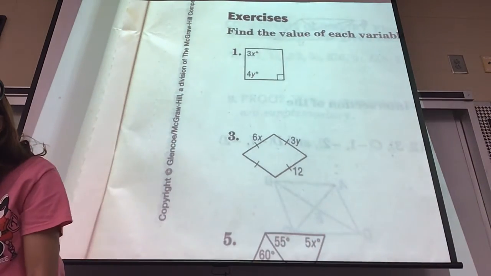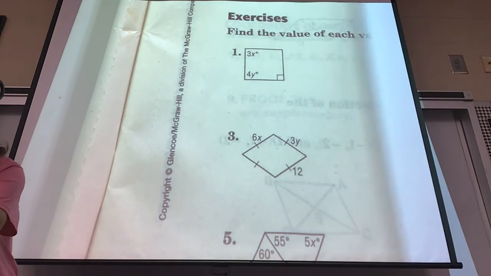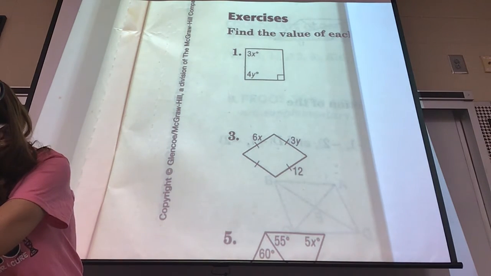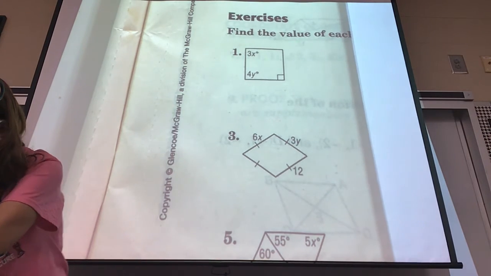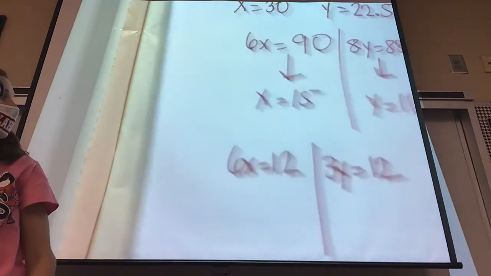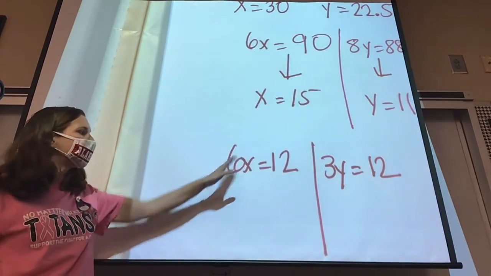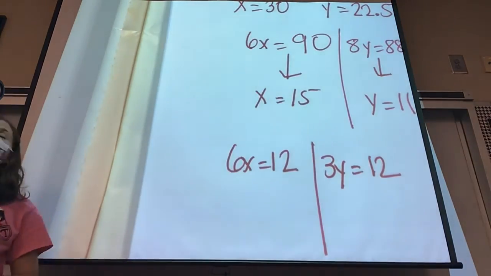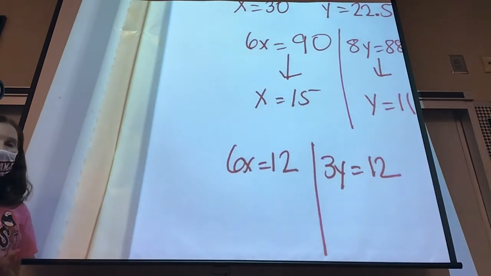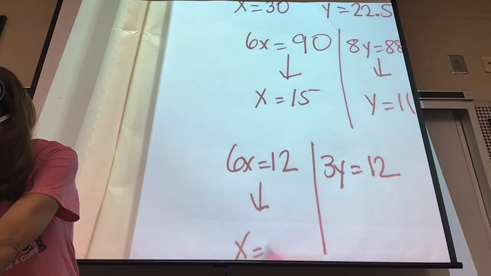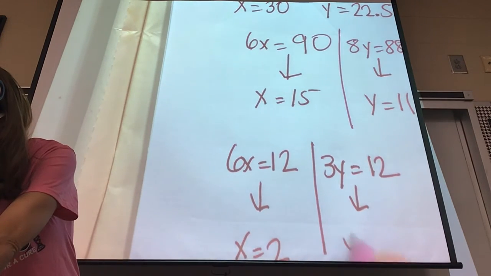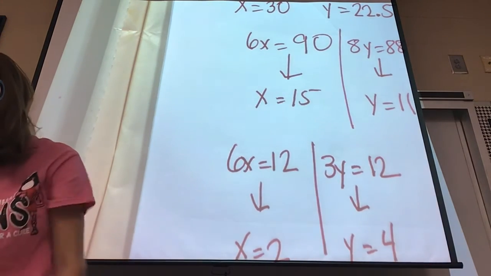So if I do that, I should say 6x equals 12, and I should say 3y equals 12, because every side is equal to 12. So what was x going to equal? X should equal 2. And y should equal 4.